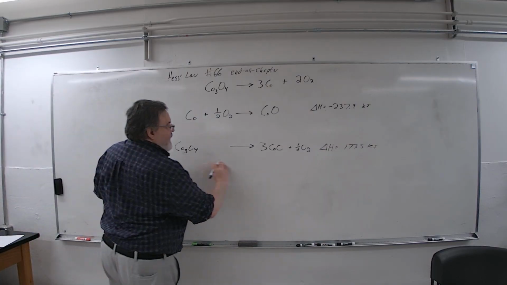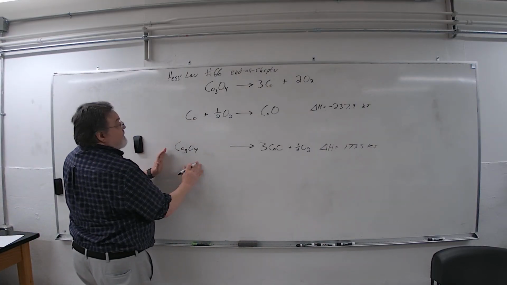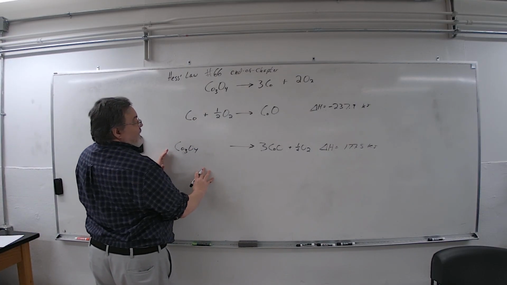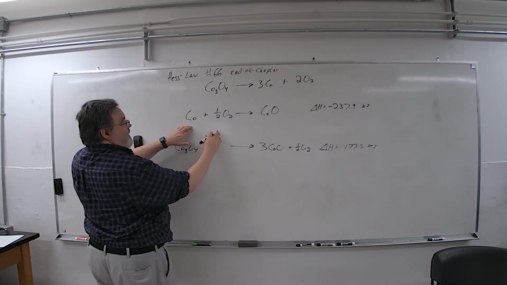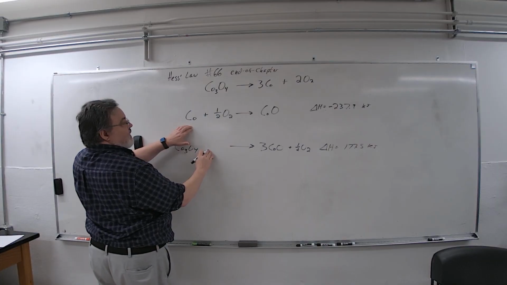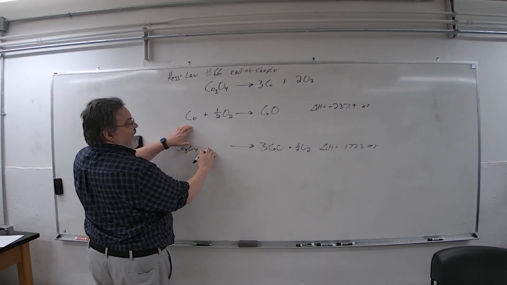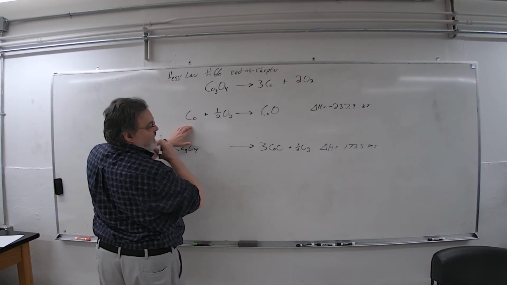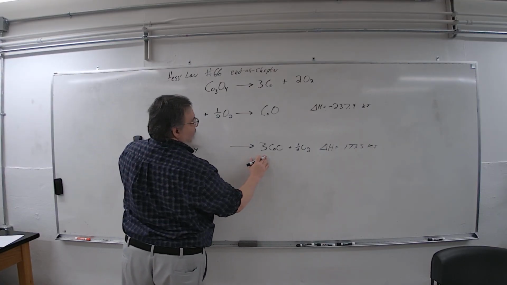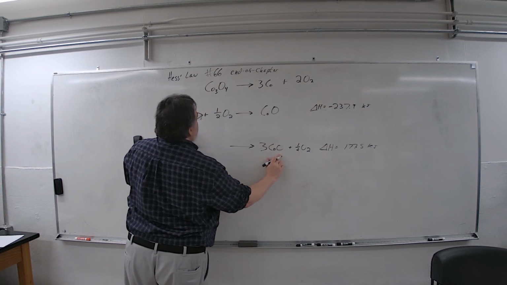So now if I drew a line here, on this side I would have Co3O4. Kind of the problem is, if I add all these together, I'm going to have CO and 1/2 O2 over here as well. And I need those to go away. All right, the other rule, no, I told you that rule. 3CO, okay.